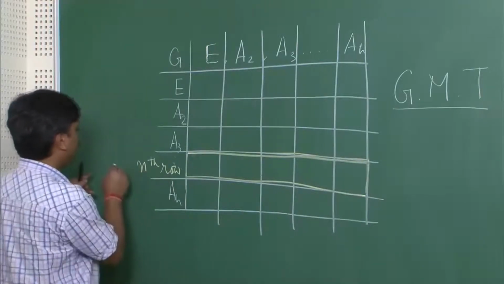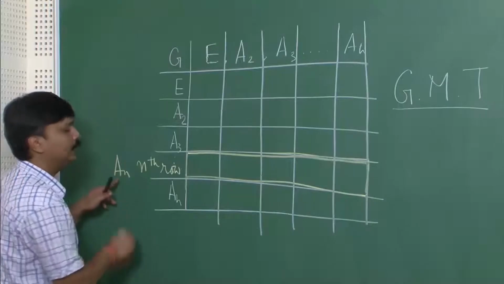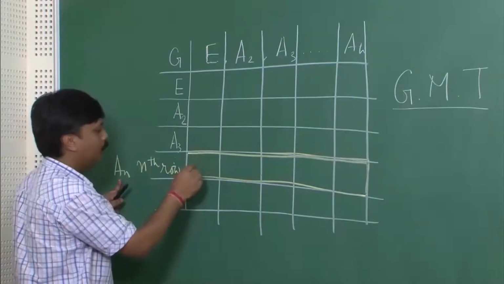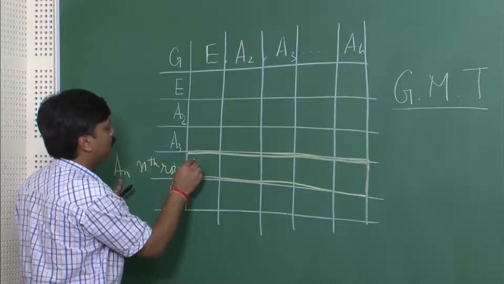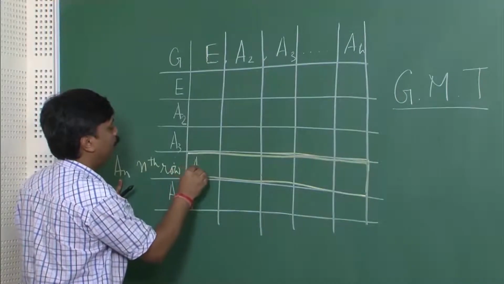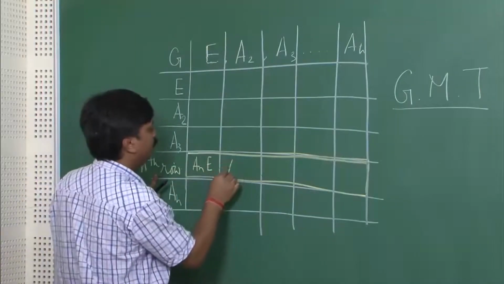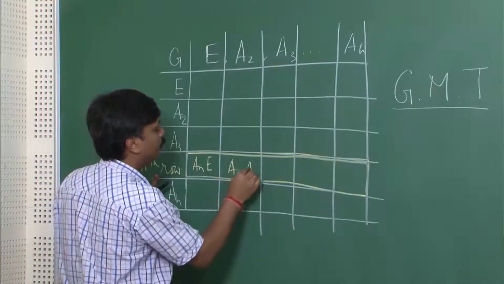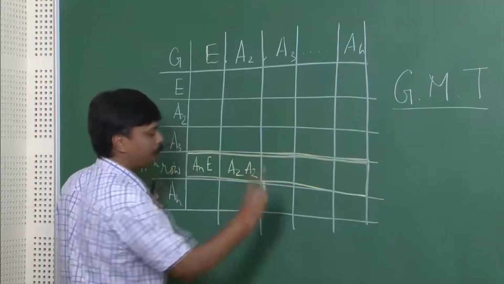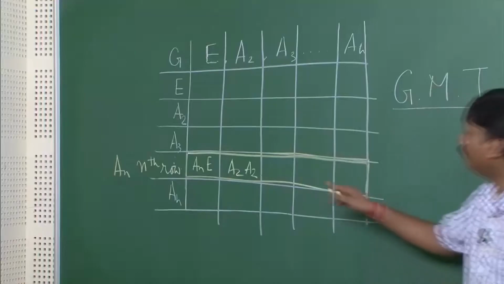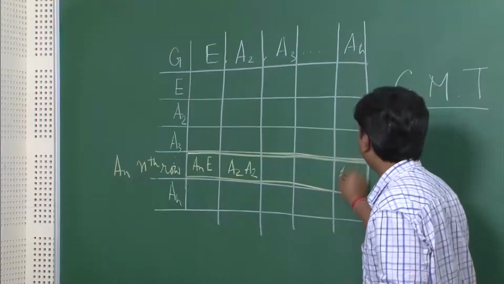Here I will have AN as the element. So it will have ANE. Okay. So I will have ANE, I will have then ANA2 and so on. So now if you look at all this, up to say I have ANAH.